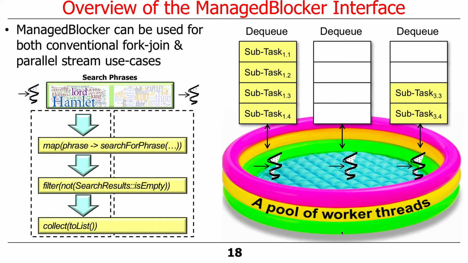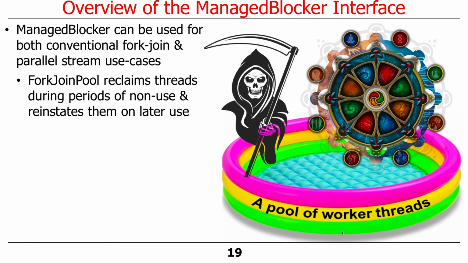We're going to use it, obviously, for parallel streams here, but you could use it if you're writing at the lower level. And then the fork join pool is very, very cleverly implemented. I'll show you some of the implementation stuff later, to reclaim threads when they haven't been used for a while, right? So basically, if they're used for a short time, we download a bunch of images, and then we're done with the IO-bound part of the program, then it'll just basically kill those threads.